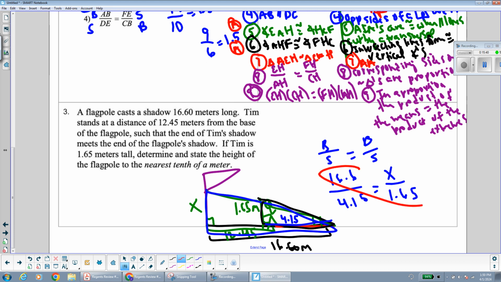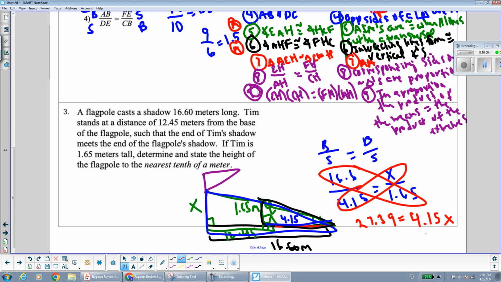From here, I'm going to cross multiply. 16.6 times 1.65 is 27.39, which is equal to 4.15x. Let me divide by 4.15.